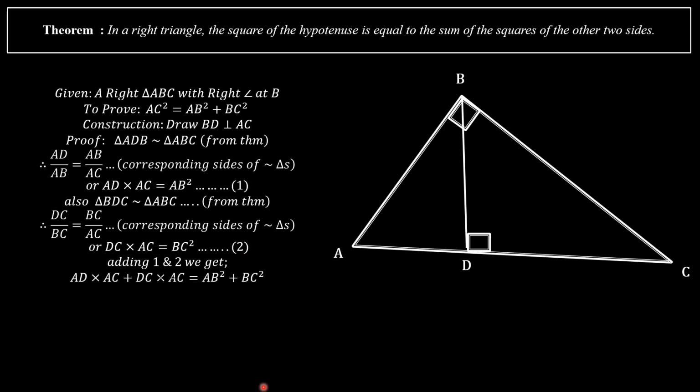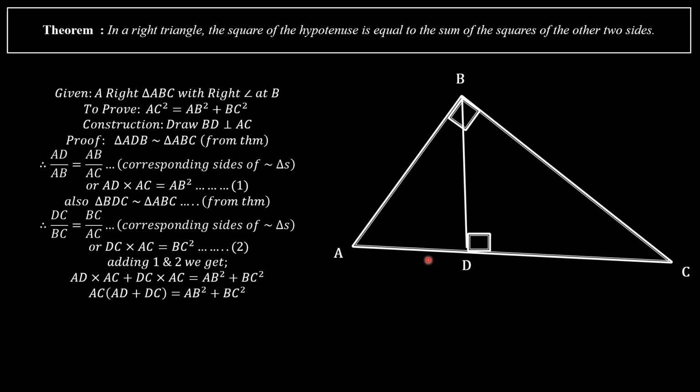What will we get? AD into AC plus DC into AC is equal to AB square plus BC square. Further on simplifying, AC is common, so in the bracket we are left with AD plus DC, equal to AB square plus BC square.